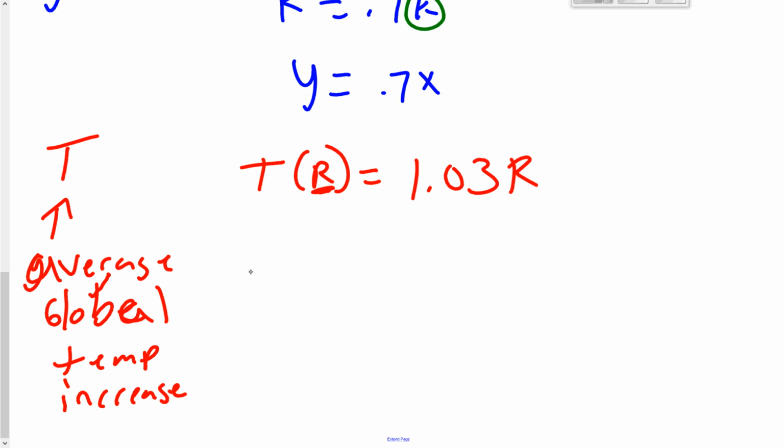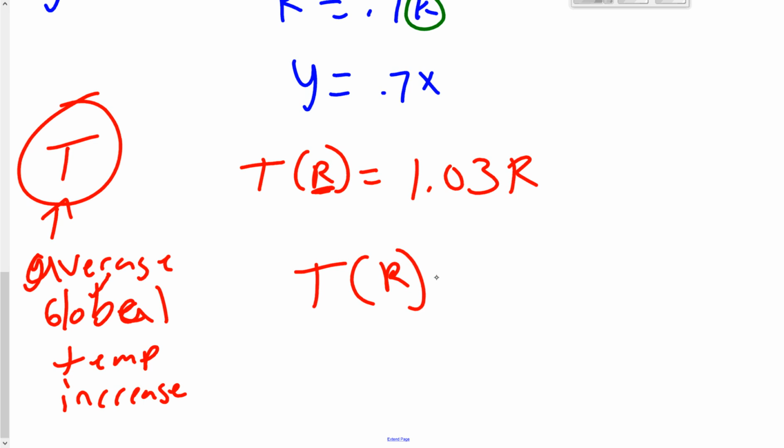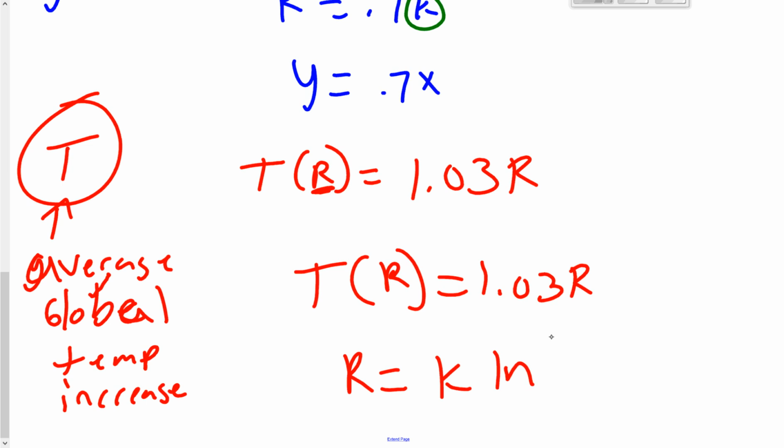And so we want to write T as a function of K. Okay, so this is kind of a function inside a function. So that is 1.03 R, and R is equal to K times ln of our C over C sub 0.